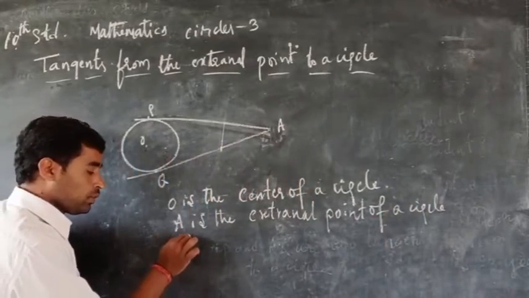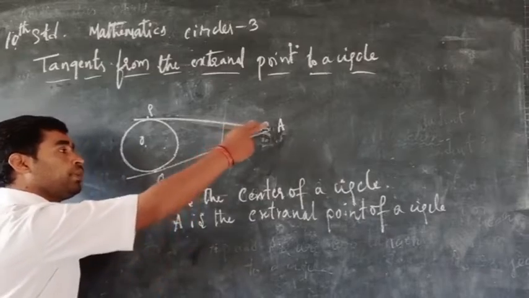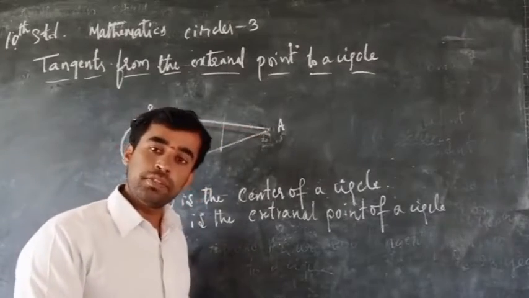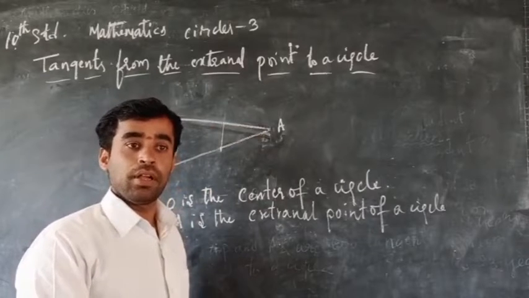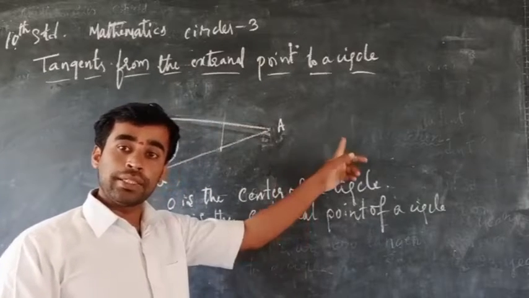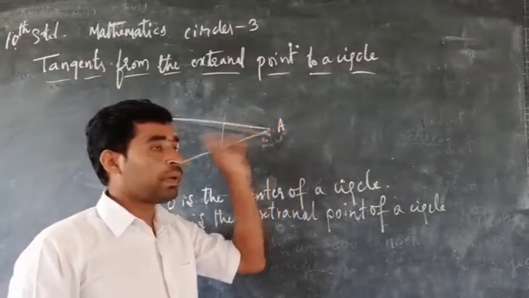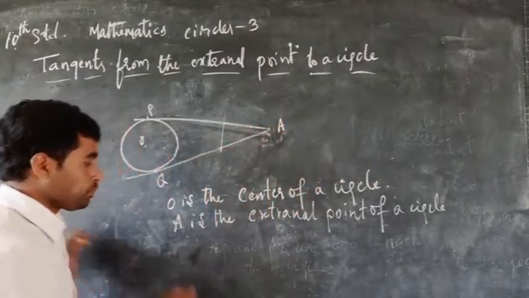Then the length of the tangent AP is equal to AQ. Already I said that we can draw only two tangents from the external point of a circle, and the lengths of the two tangents from the external point of the circle are equal.